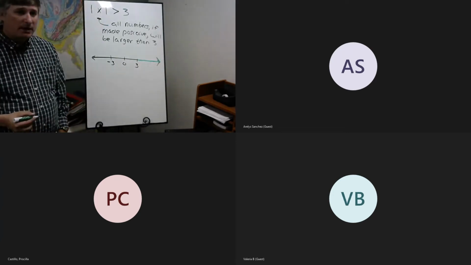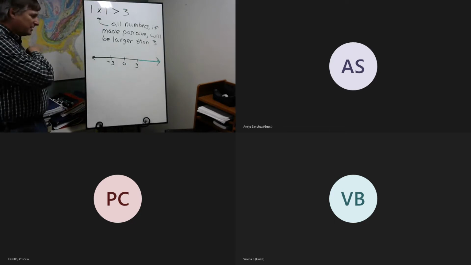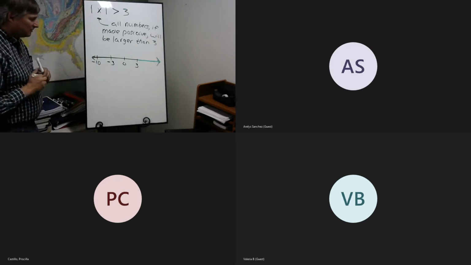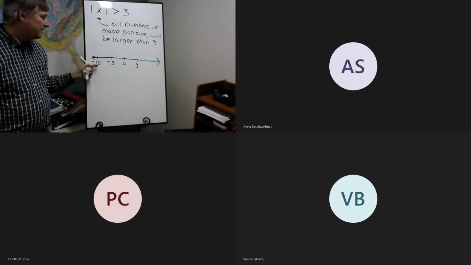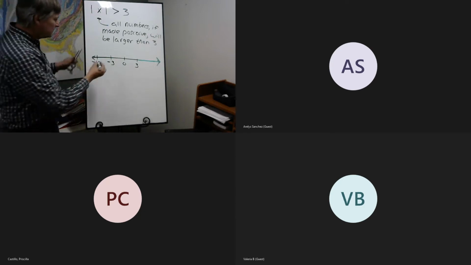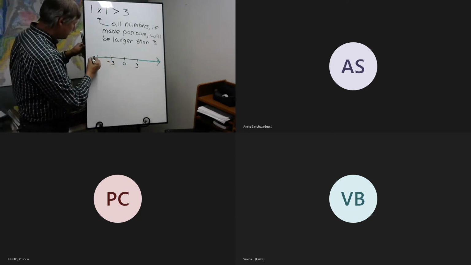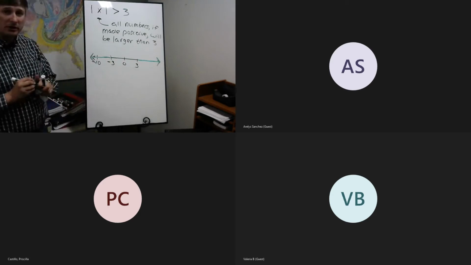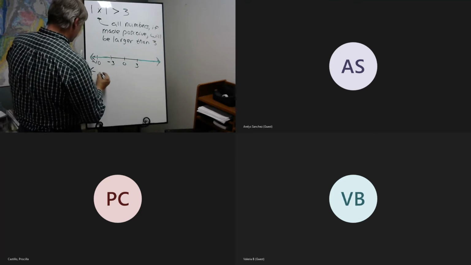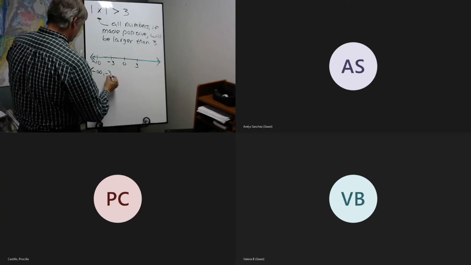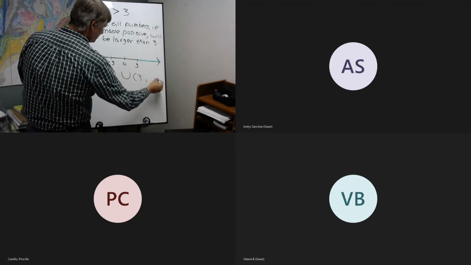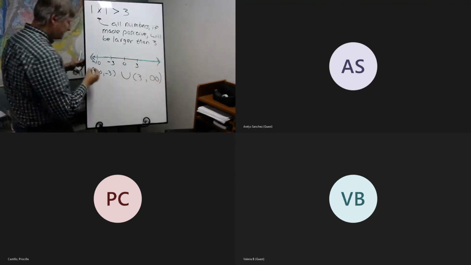But if we take a look at negative numbers, say negative 10, well, if we made this positive, then it would be bigger than 3. 10 would be bigger than 3. So the numbers over here will also work. So in this case, our answer will be this.